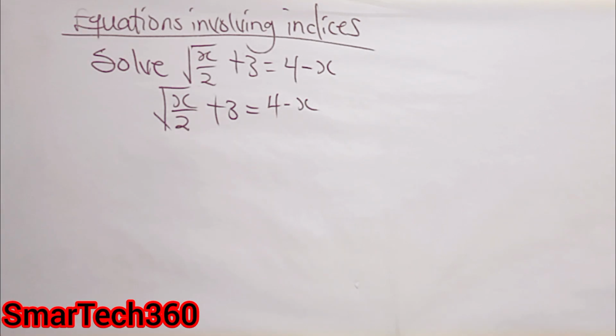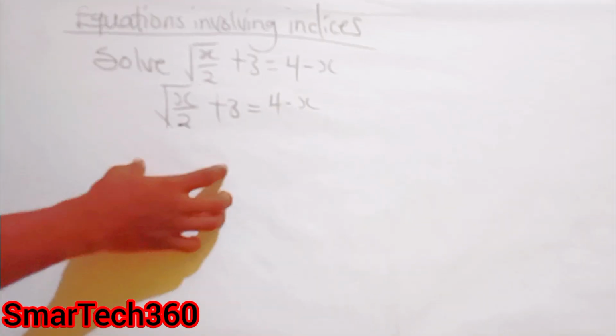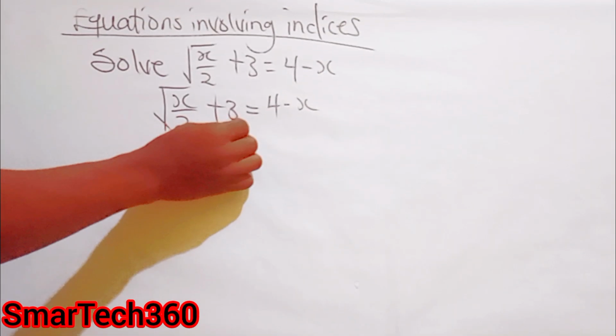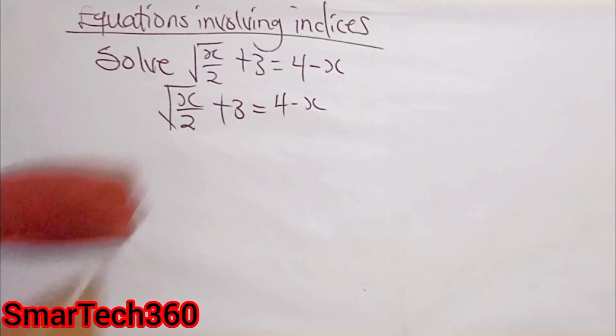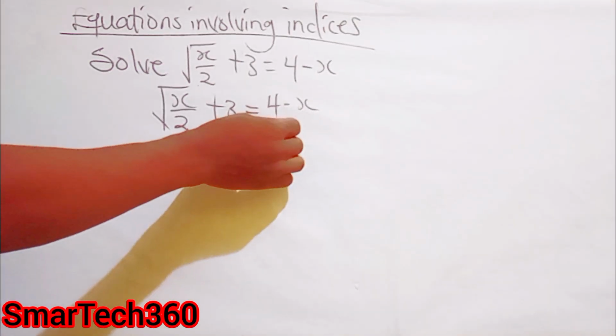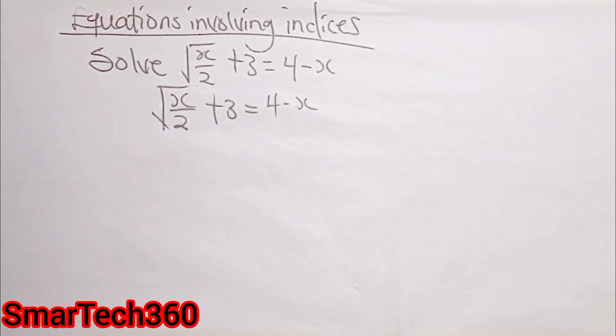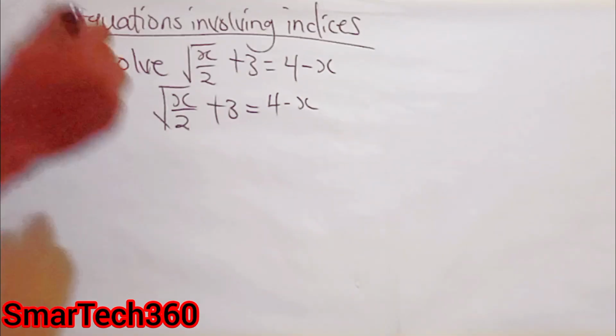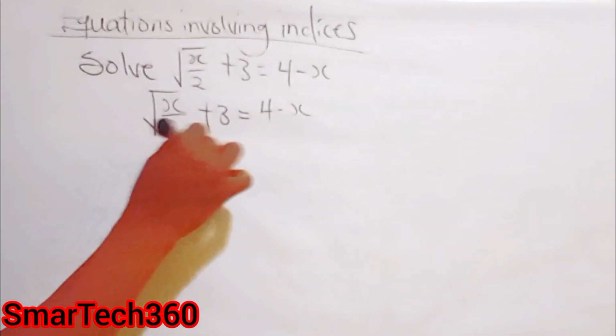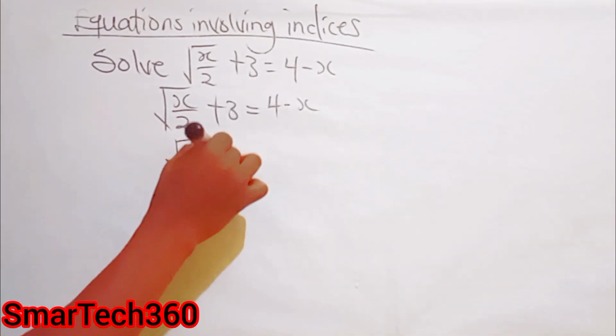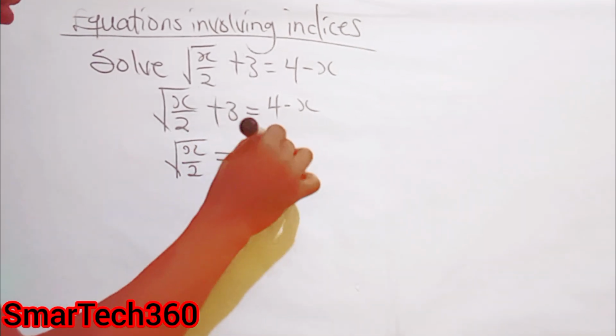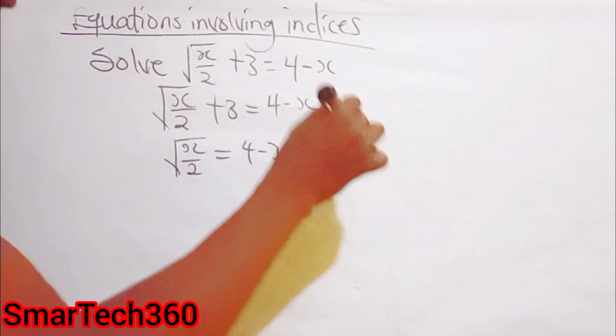Now with this question, the first thing to do here is to send this 3 across the equal sign. In sending this 3 across the equal sign, it becomes negative. So we have square root of x over 2 equal to 4 minus 3 minus x.